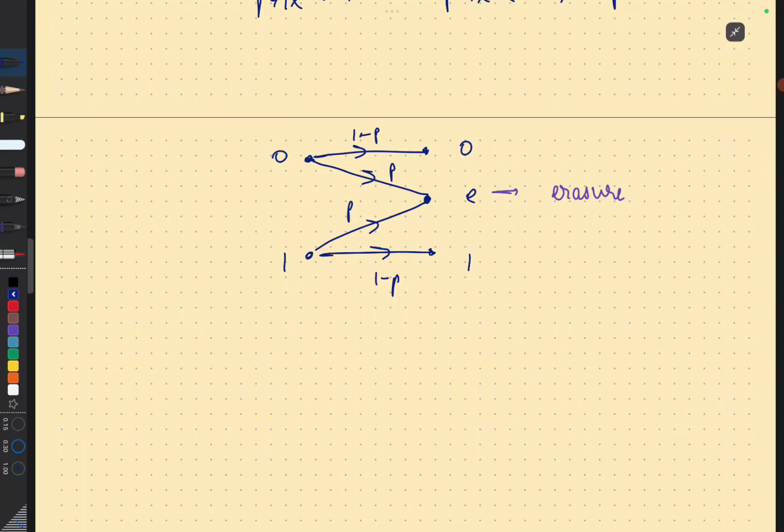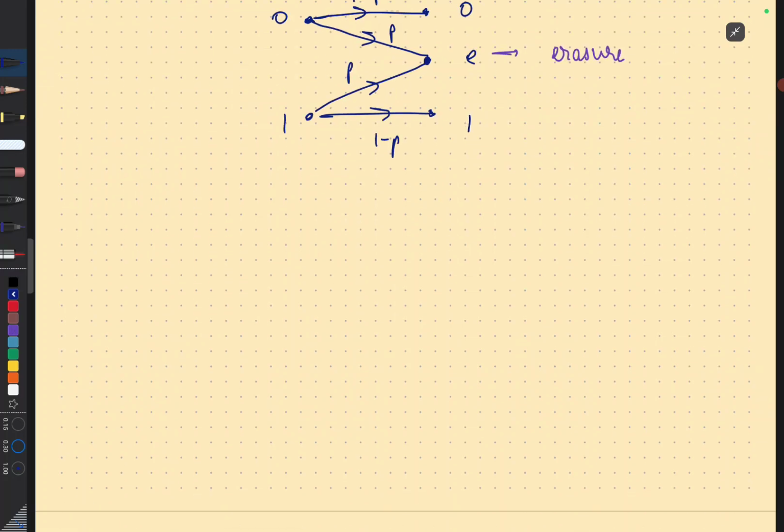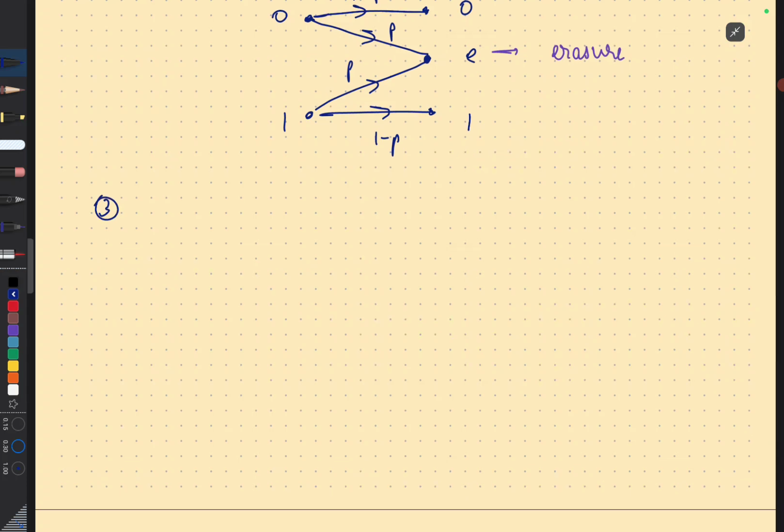So these are examples where both the input and output alphabets are finite. You can also look at infinite alphabets. The most common is the additive white Gaussian noise channel.